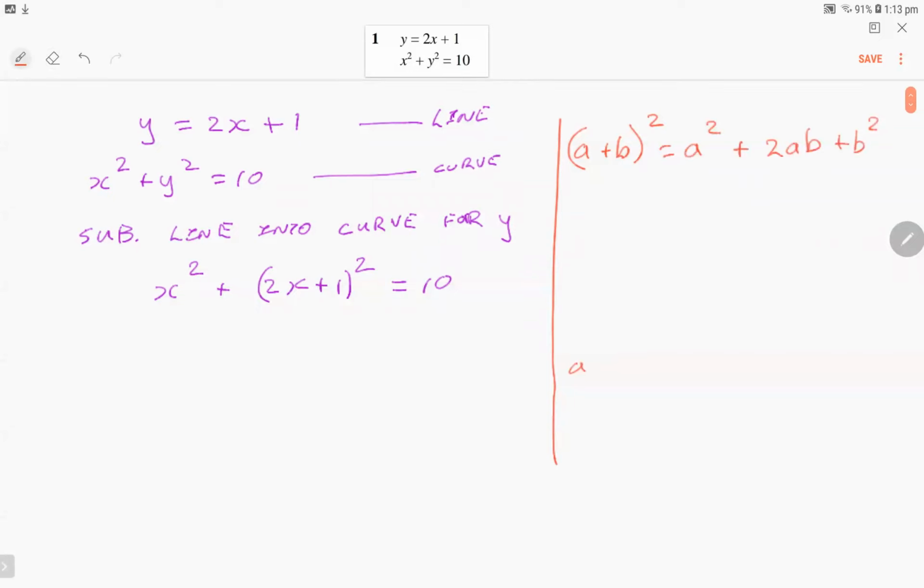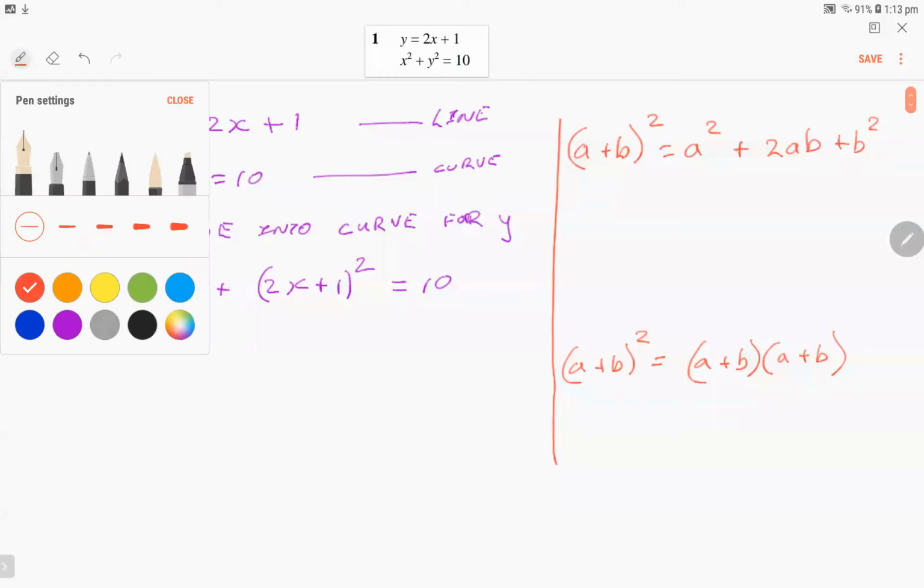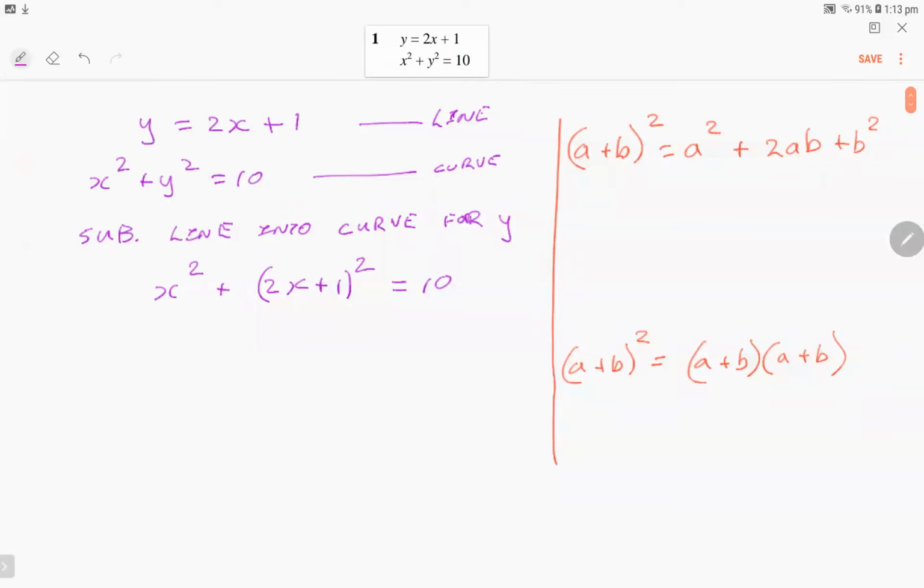Now, (a plus b) all squared really is the same as (a plus b) times (a plus b). And we have double brackets like that to multiply. Each value in the first bracket must multiply by each value in the second bracket. So you multiply the a times the a, and then the a times the b, and the b times the a, and then the b times the b. So the first one will be a times a, which is a squared.